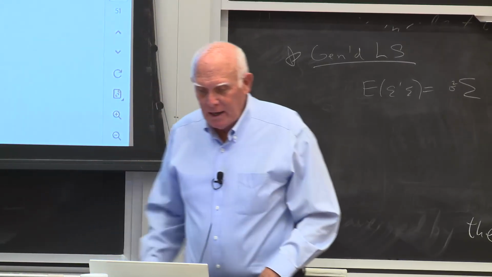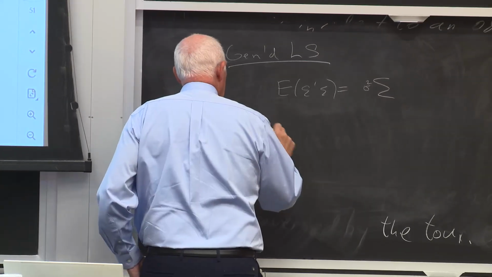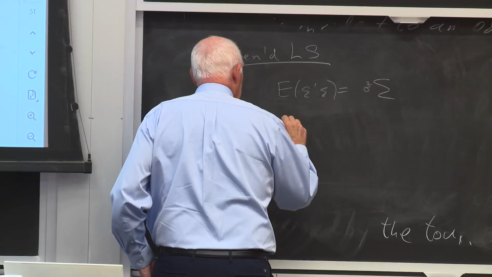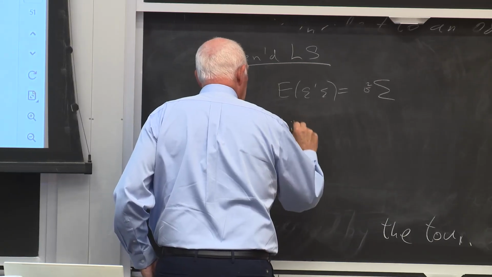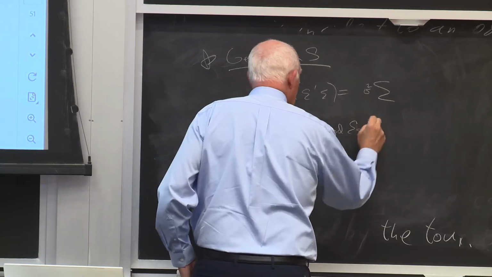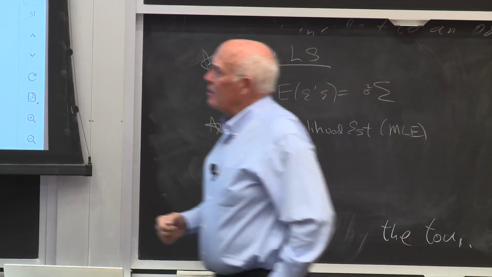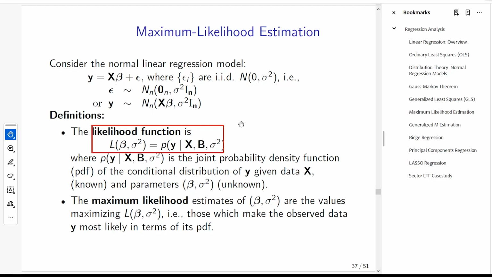Okay, well, a next important aspect of regression modeling is looking at maximum likelihood estimation, MLE. For maximum likelihood estimation, we use the probability model of the regression, which in this case is normal linear regression models.